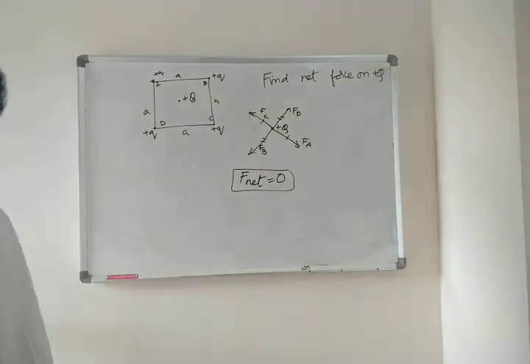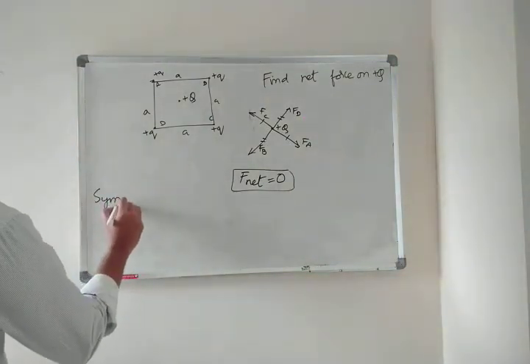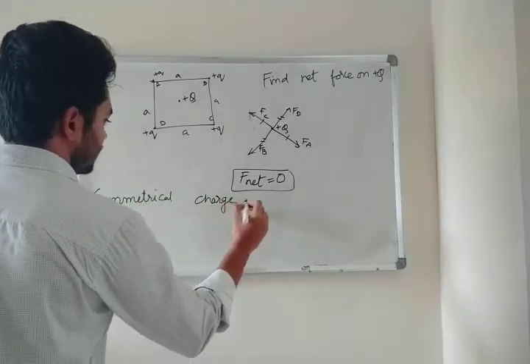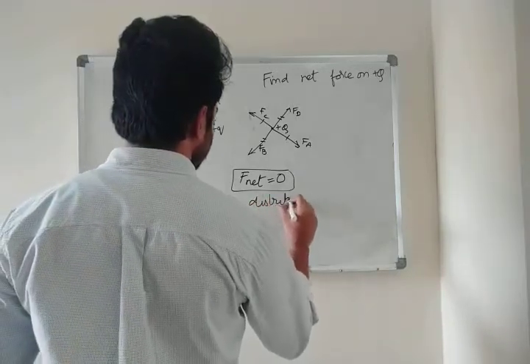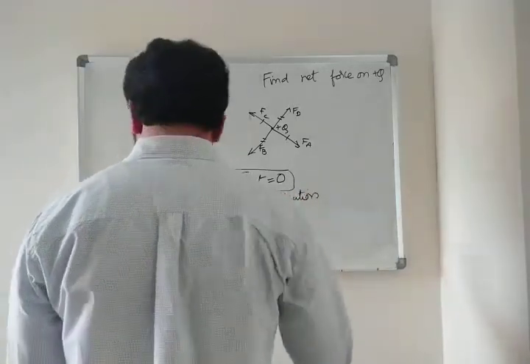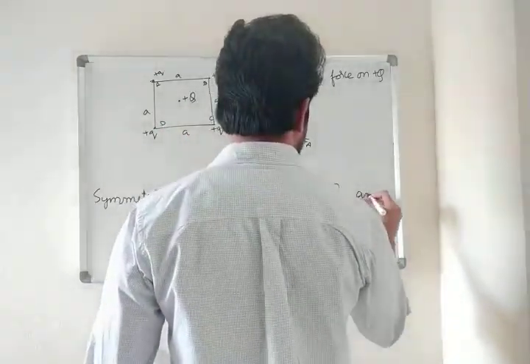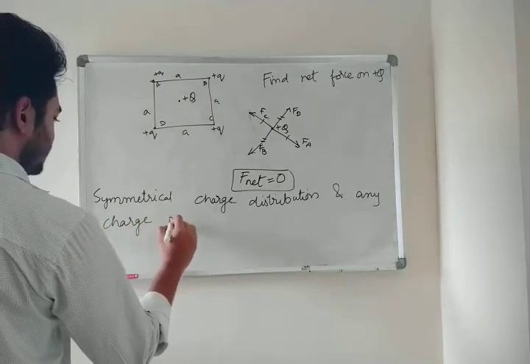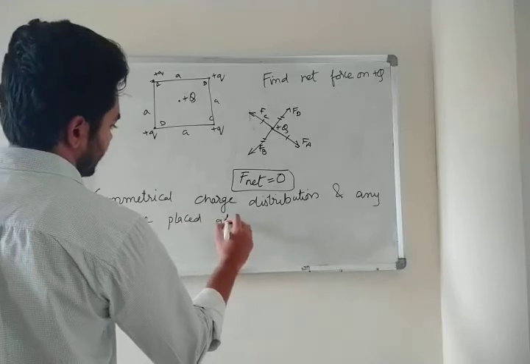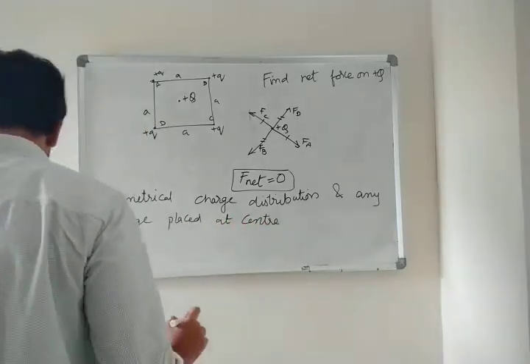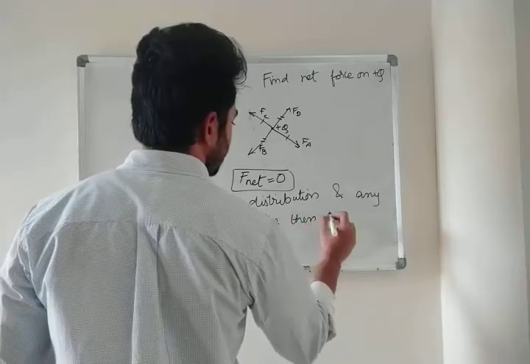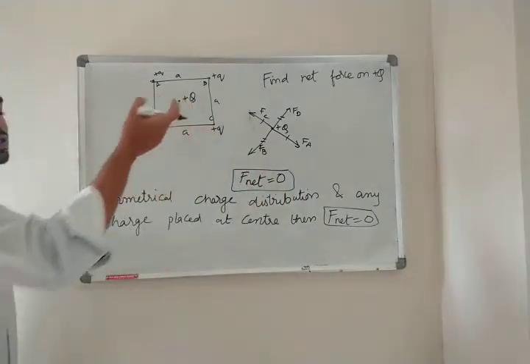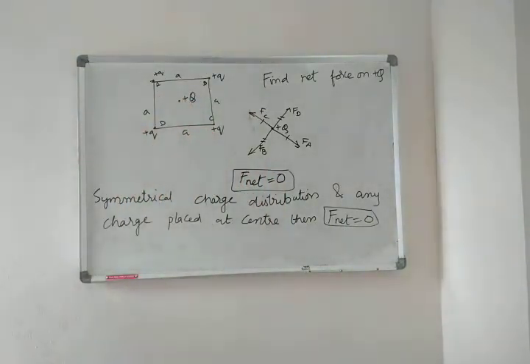So write a statement here: symmetrical charge distribution, and any charge placed at the center, then F net equals 0. This charge may be positive or negative. The F net is 0.